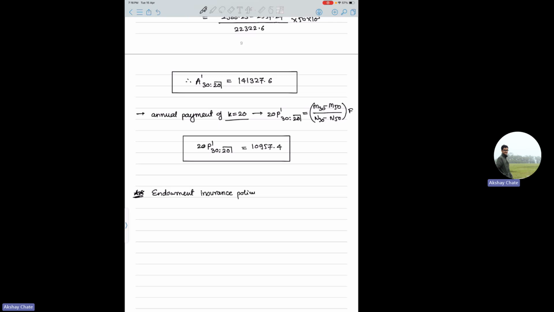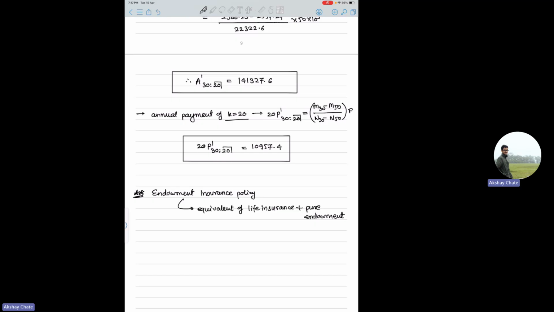So it is nothing but basically equivalent of life insurance plus purchasing some pure endowment. So you can do all these things together.